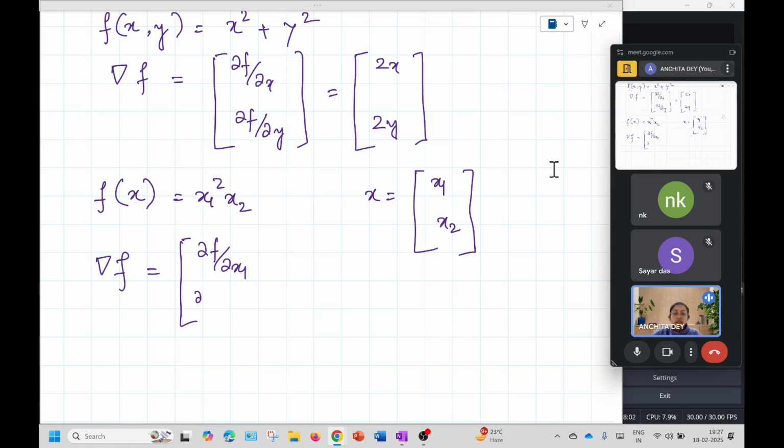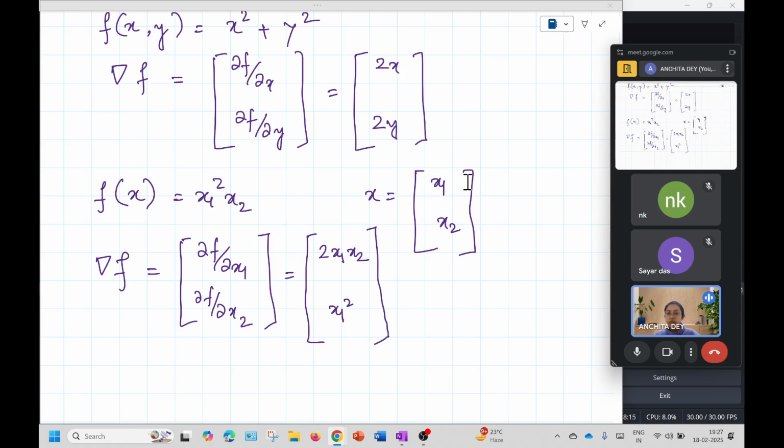Right? So first we treat x2 as a constant, so we will have twice x1 x2. And then we treat x1 as a constant, so we simply have x1 squared. Okay, so this is the simple idea about gradient. Now I think we can look at the directional derivative idea.